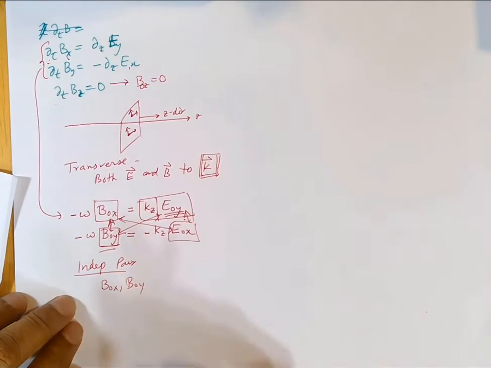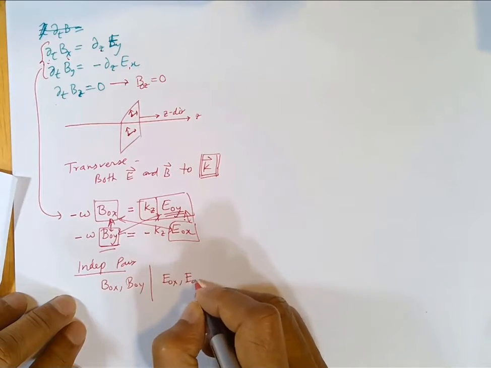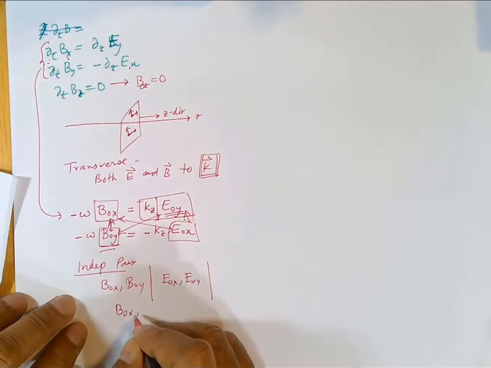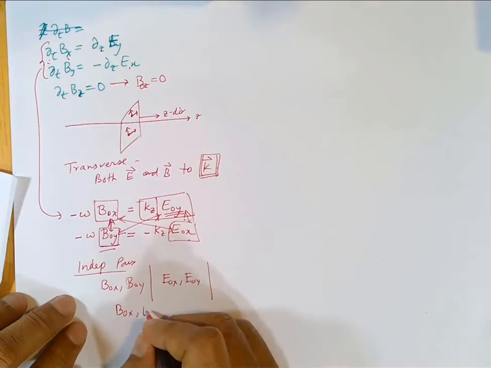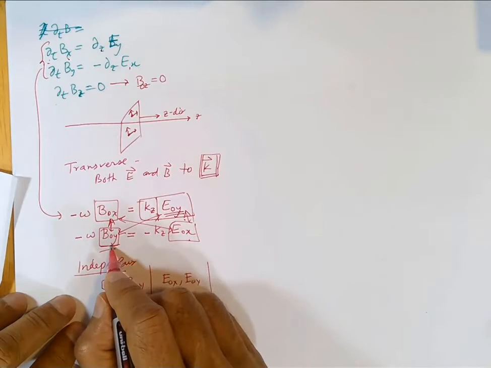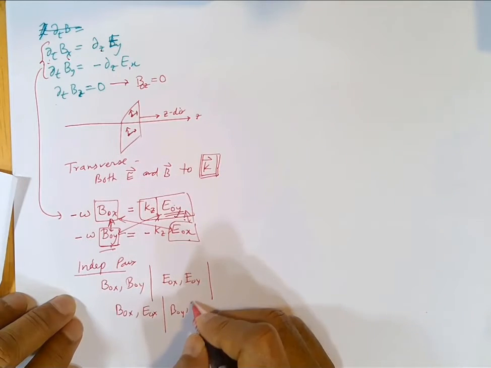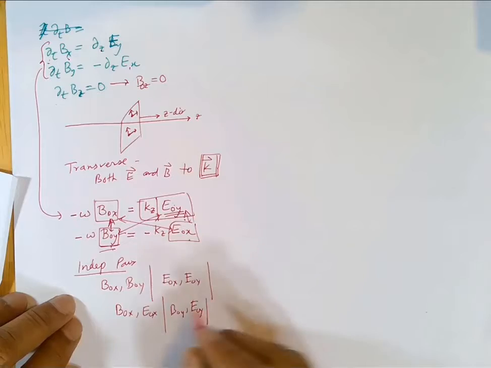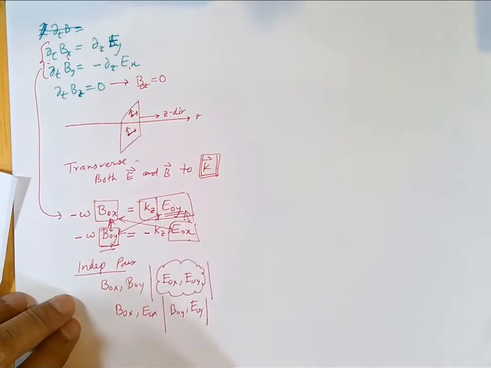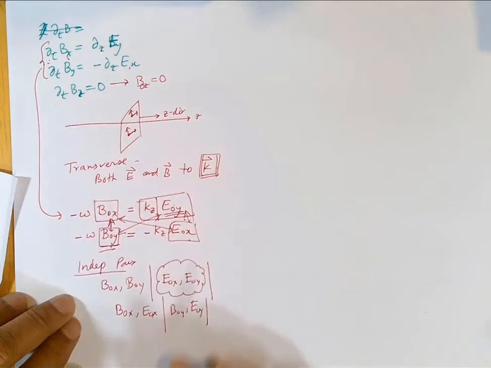You can choose that and you can get all the E's. Or you can choose E0x and E0y and you can get the B's from there. Or you can choose B0x, then you have to choose E0x. Or you can choose B0y, but then you have to choose one from the other, and that will be E0y. So there are 4 different ways you can do it, and we can just say, well, we want to just work with this pair. That's the convention.